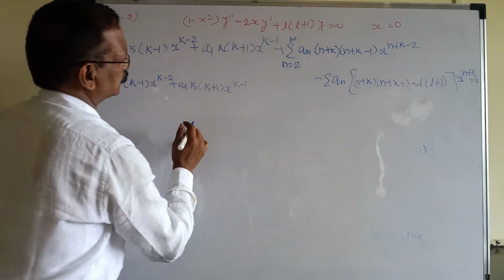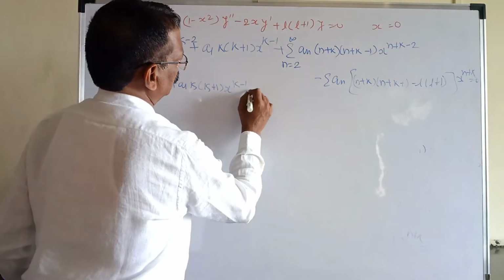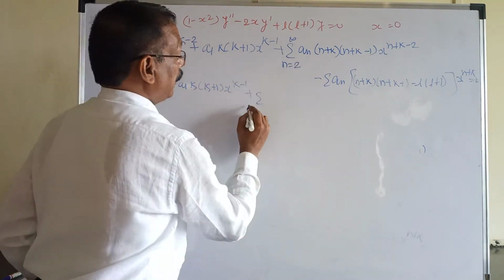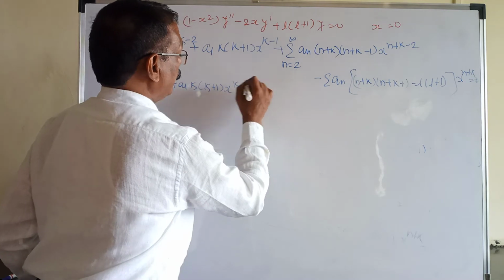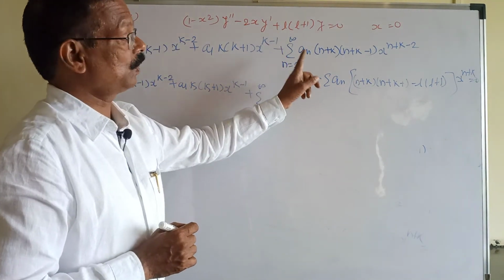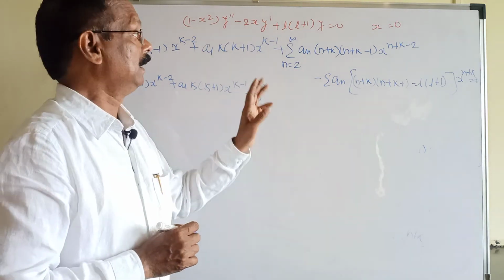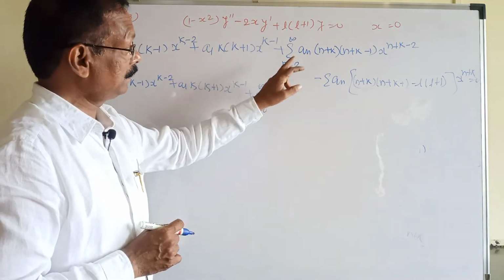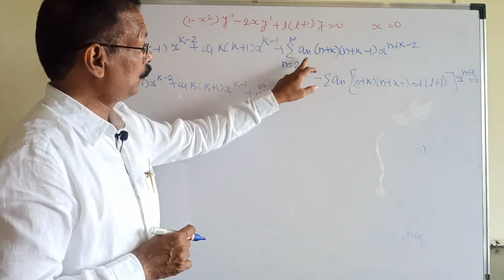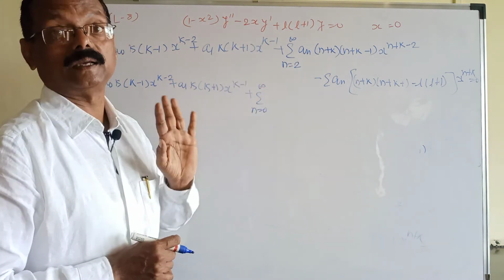Plus summation, where everywhere there is n we write n plus 2. If you have any objection, take n equal to 2 in the first case and n equal to 0 in the second, and you will get the same result.